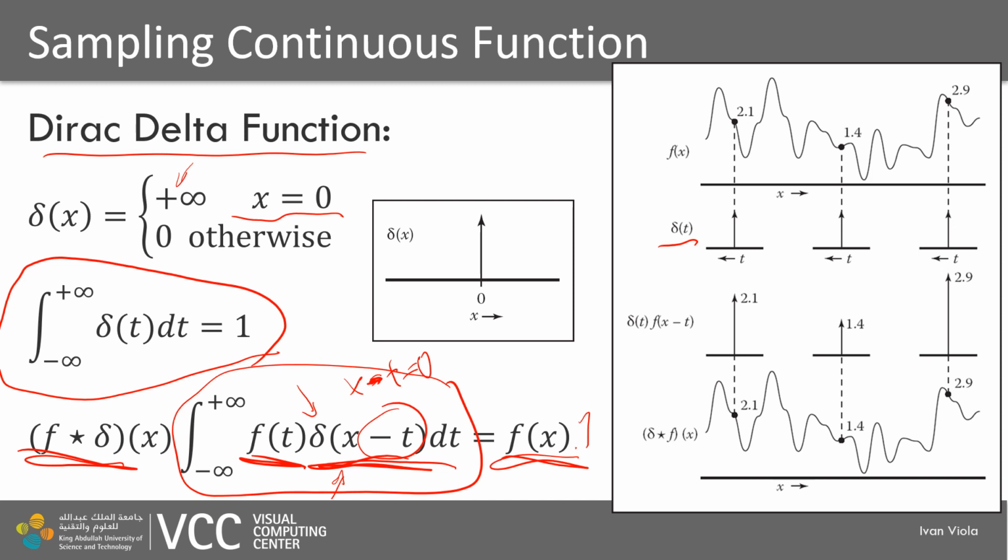With this, we can always sample this continuous function and represent it as a sampled representation of this function. We are talking about samples, so this Dirac delta will have a key function in the sampling process.